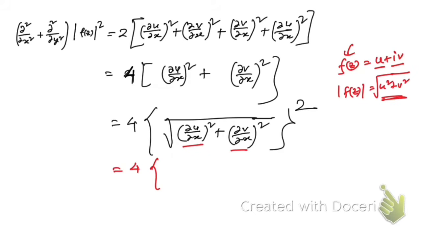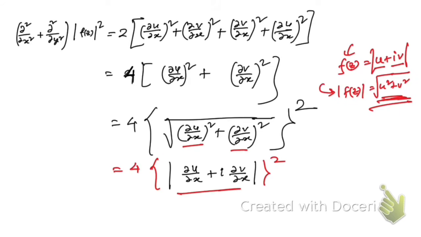So you can consider this way that mod of (del u by del x plus i del v by del x), right, whole square, because mod of this is equal to this one, right? So that's why mod of this is going to be equal to this one, right? And this is nothing but 4.